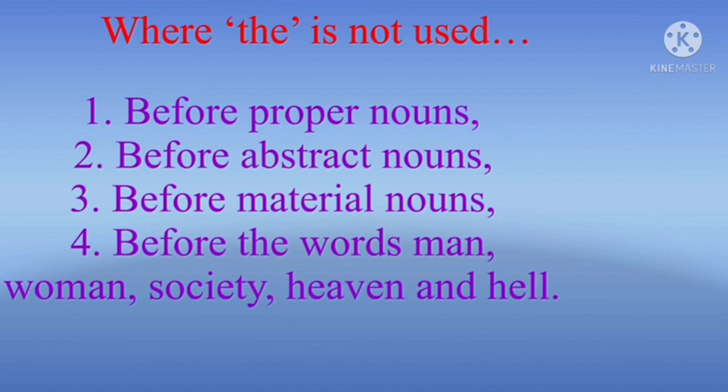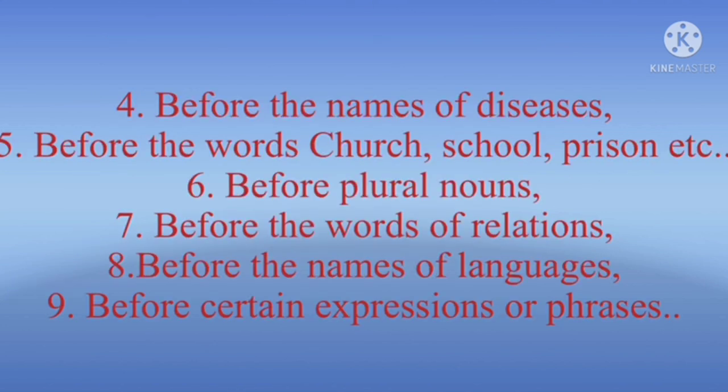Now, let us see where the is not used. Before proper nouns. That means names of persons, places, etc. We never say the Ravi, the Mohan, the India, and the Hyderabad. For abstract nouns like honesty, beauty, lie, etc. Before material nouns like iron, gold, silver, bronze.